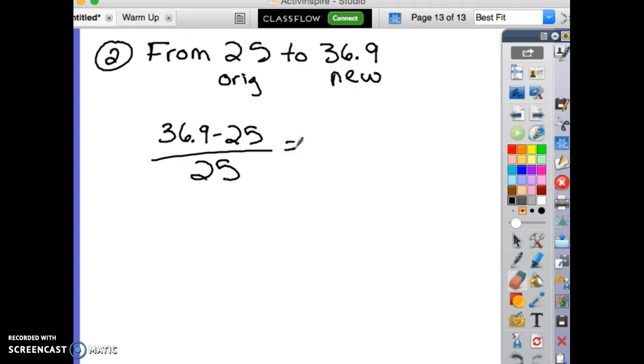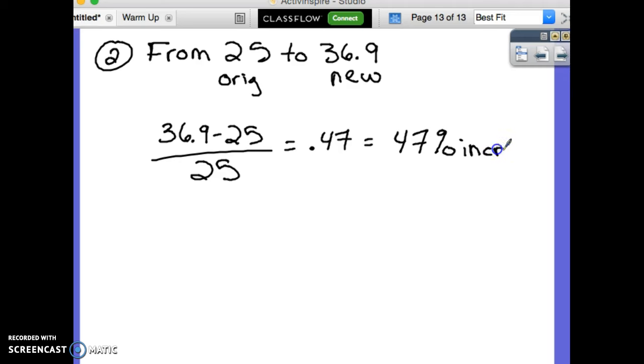When I do that, make sure you 36.9 minus 25, hit equals, then divide by 25, you get 0.47, and then that is 47% increase. And we know it's an increase because we went from 25 up to 36.9.